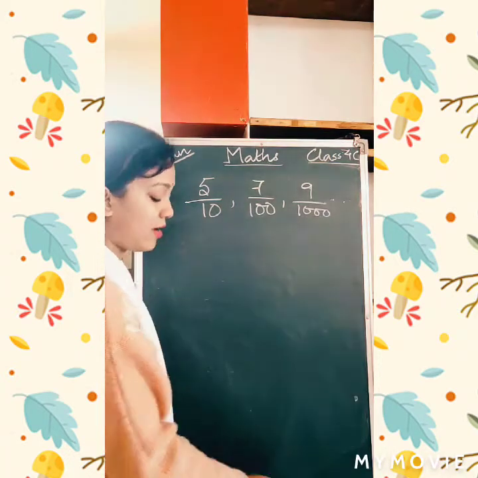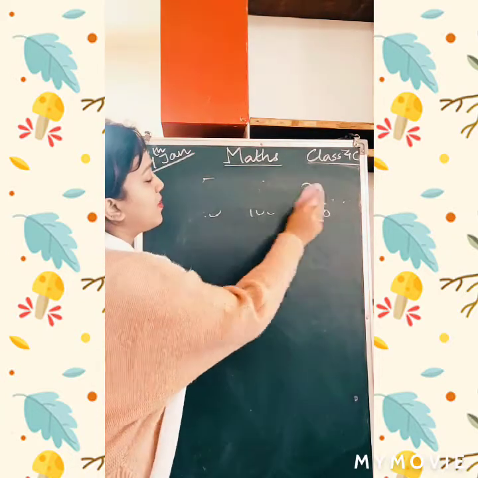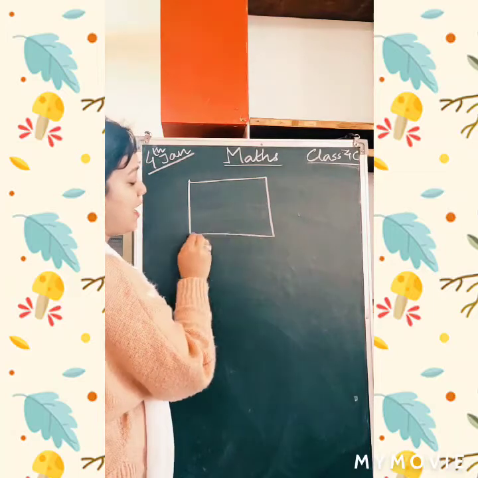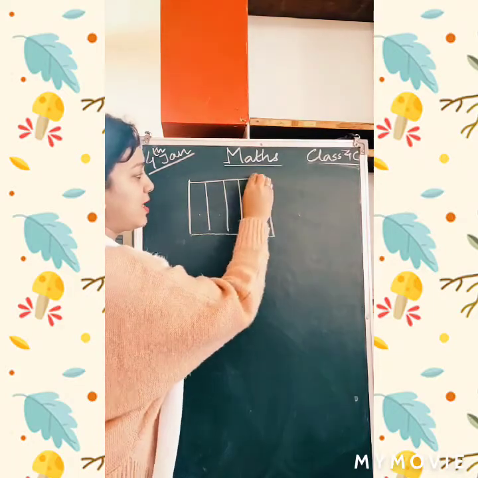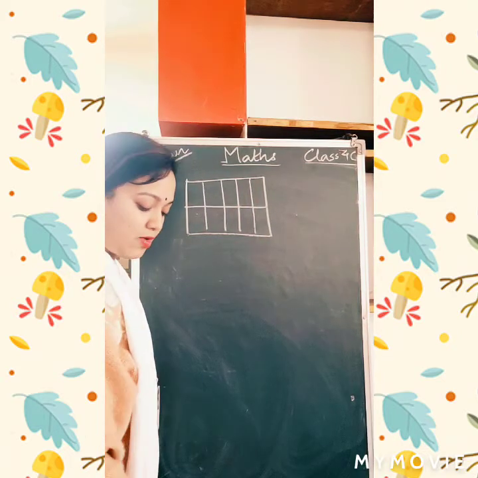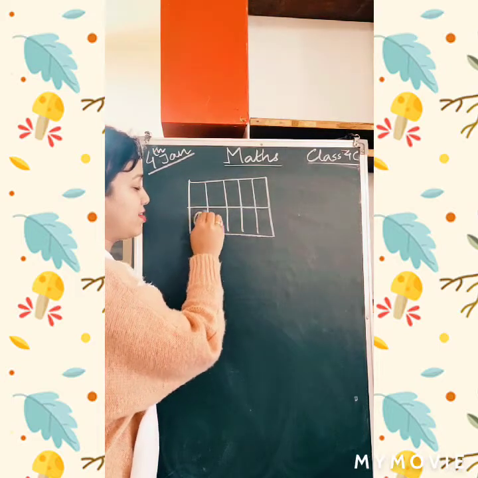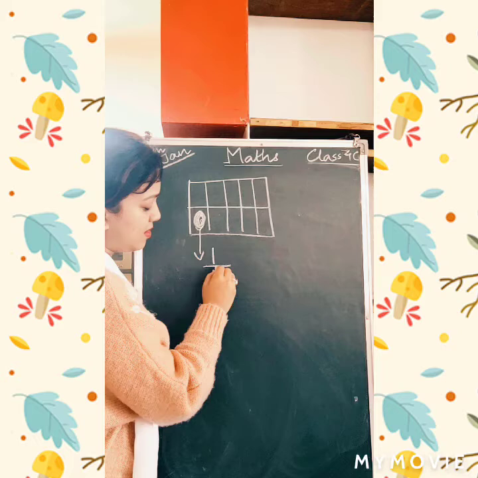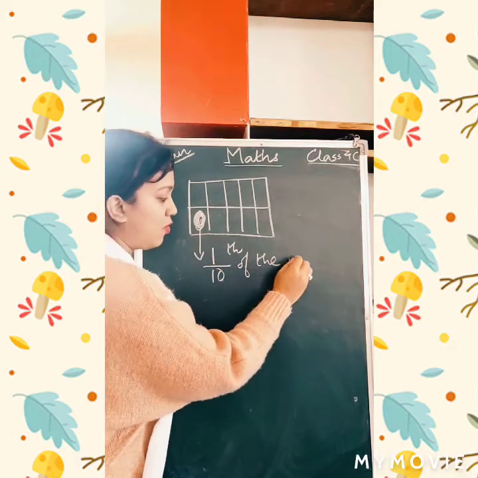Okay. So now, we will study a different part of it. Suppose I take a square and I divide it into 10 equal parts. 1, 2, 3, 4, 5. I divide it into 10 equal parts. Now, each part of this entire square is nothing but 1/10 of the whole.